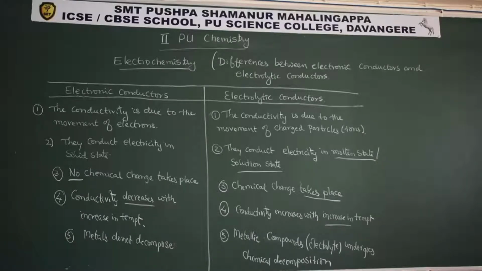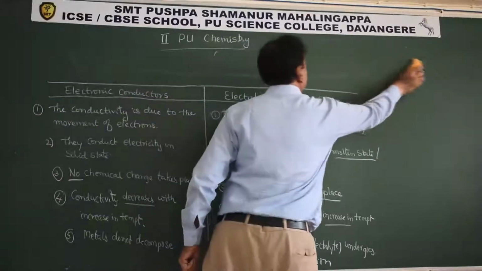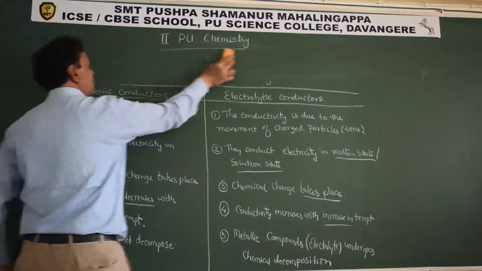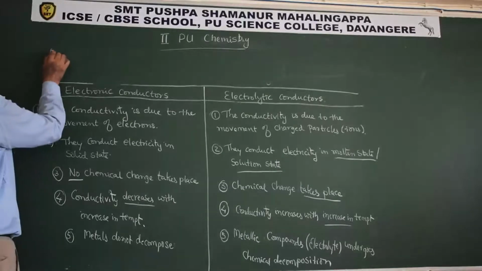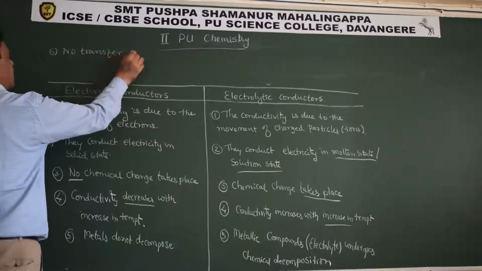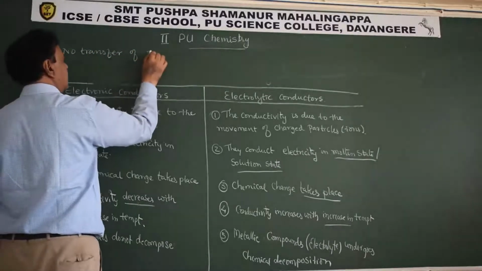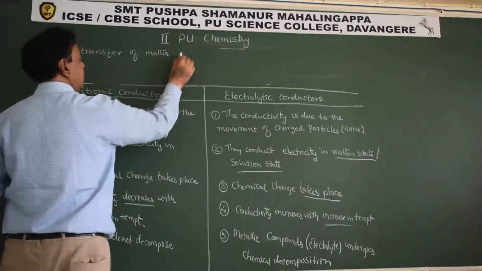No transfer of matter takes place. Transfer of matter takes place in solution phase. Hope you have written this one. This is the sixth difference. No transfer of matter takes place in electronic conductors.